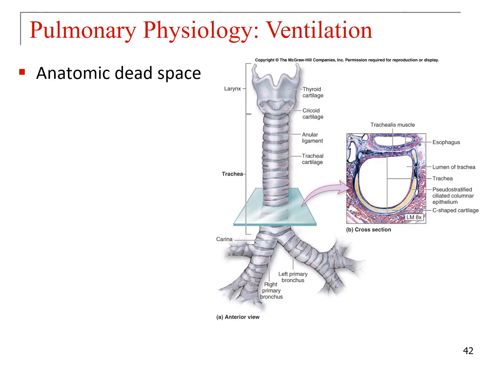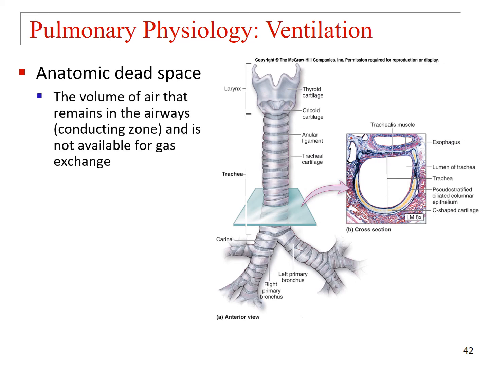Okay, so there is something else called anatomic dead space, and this is the volume of air that is in the conducting zone and isn't available for gas exchange. So this is something that is different from residual volume. Residual volume is air that has reached the lungs. This is the picture that I want you to get with anatomic dead space. As you inhale, air is going to move its way into the lungs, right?